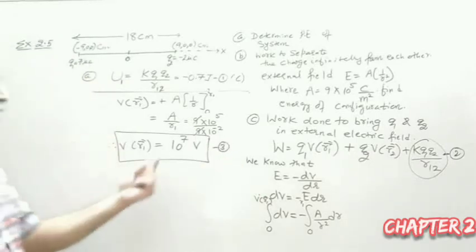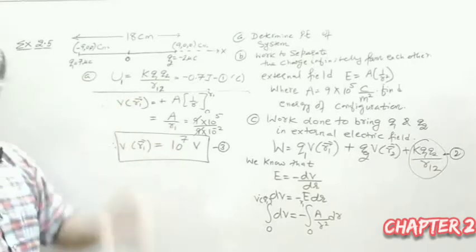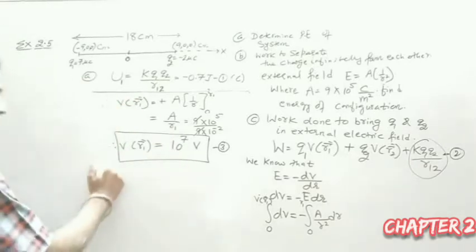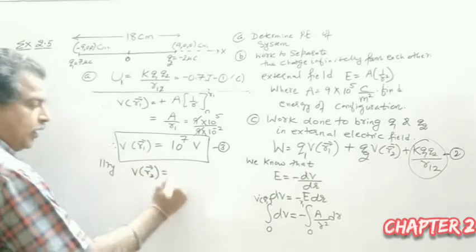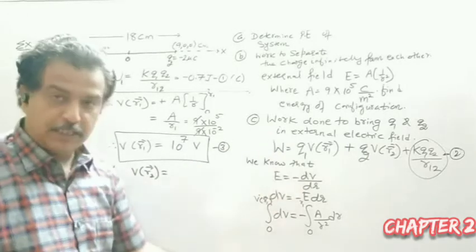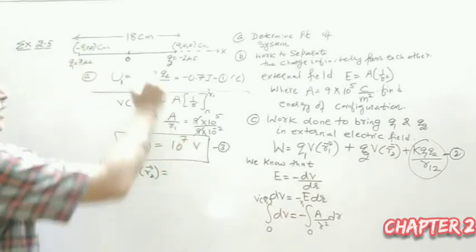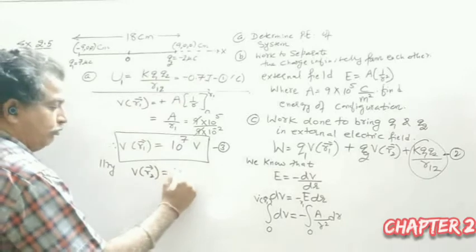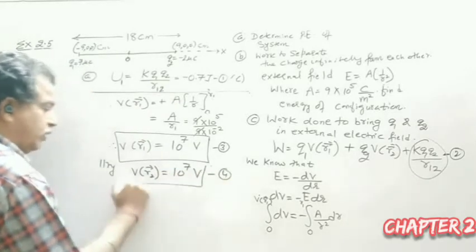So to bring 1 coulomb of charge at this position, 10 raised to 7 joule of energy has to be spent. Similarly, V of R2, again we'll do the same step, the limit will be changed, 0 to R2, again R1 is equal to R2, so VR2 also comes out to be 10 raised to 7 volt, that is equation number 4.